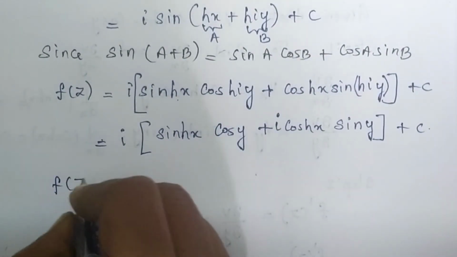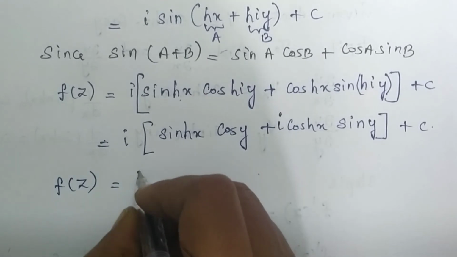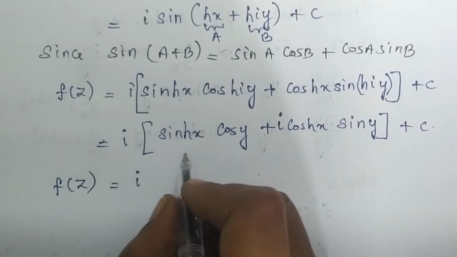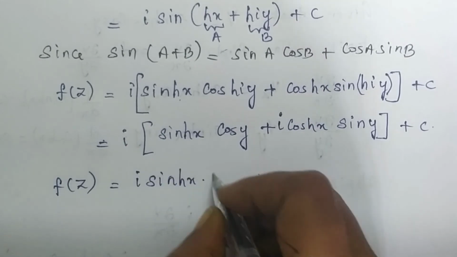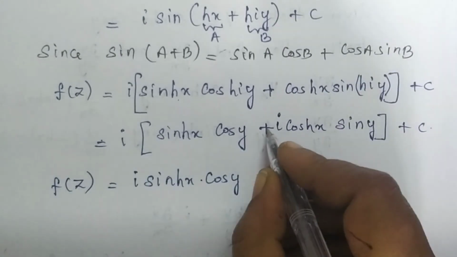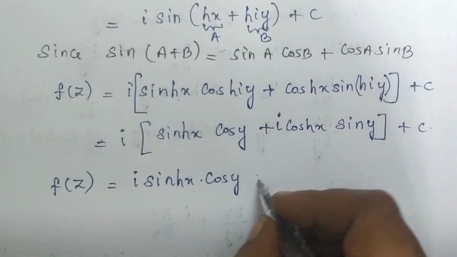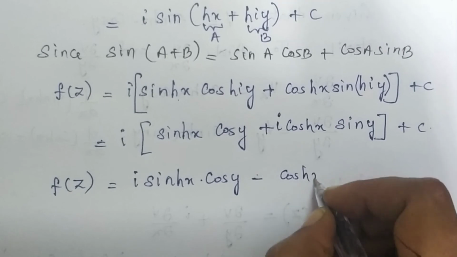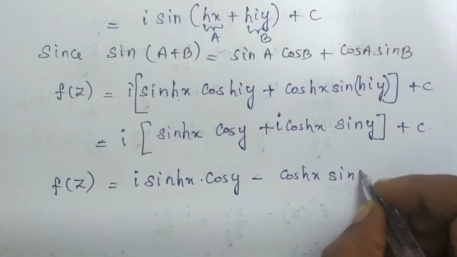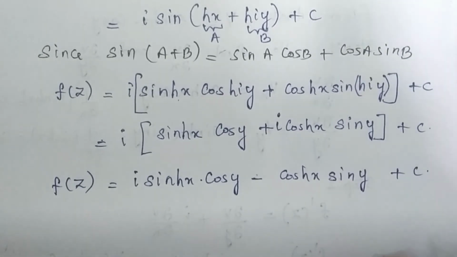So f of z is equal to I into, now I am going to multiply with the I inside. So I times of sin hx into cos y, I into I square, the value of I square is -1, so minus cos hx into sin y plus some integrating constant c.